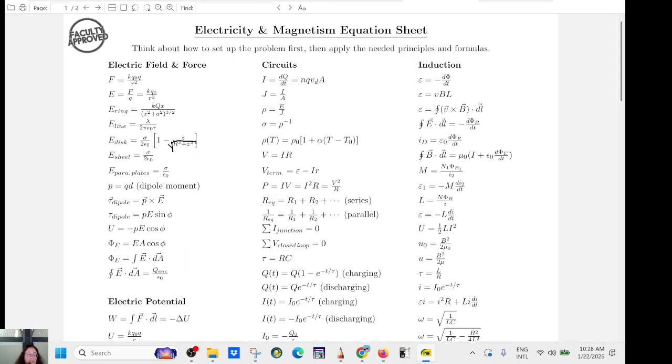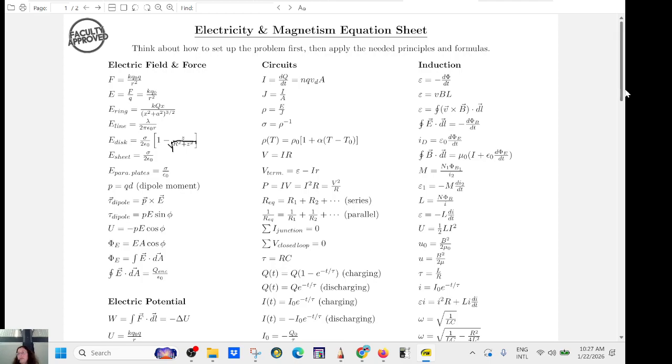But if you look here, you have the definition of the dipole moment, and the torque applied by the electric field on the dipole. That will be the magnitude, and that will be the potential energy in magnitude.